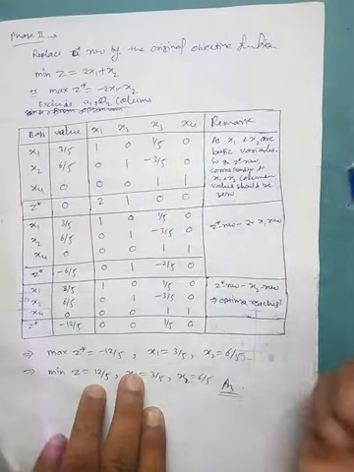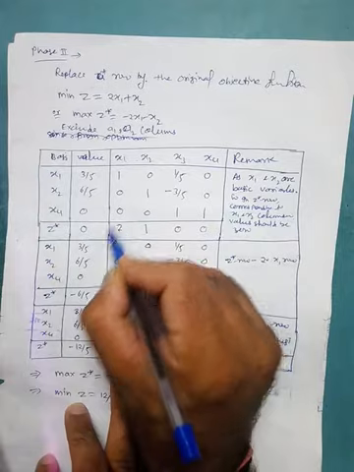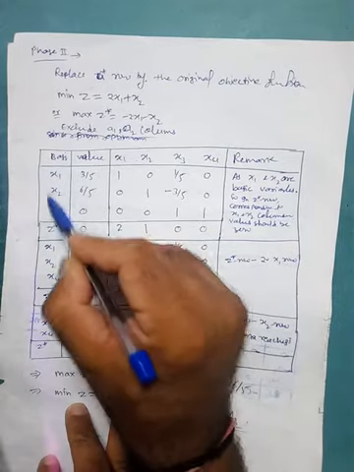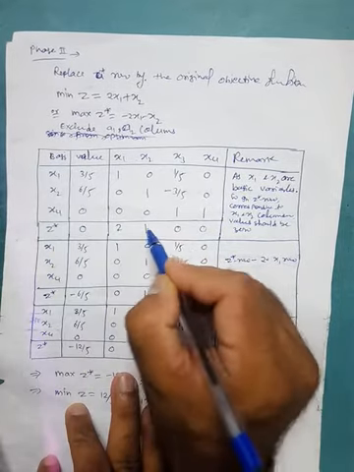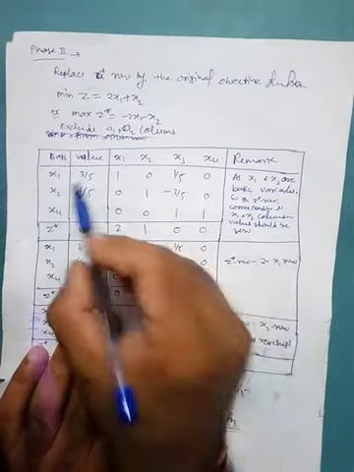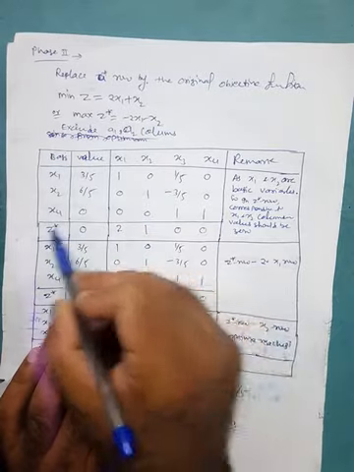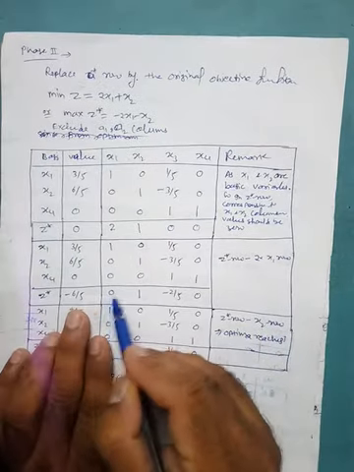Okay, so this is our modified row, and now you can see that x1 is a basic variable, so there should be a 0. Similarly, x2 is a basic variable, so there should be a 0. So what we will do, just perform the calculation. So first just multiply this row by 2 and then subtract from the z star row, so we get 0 here.